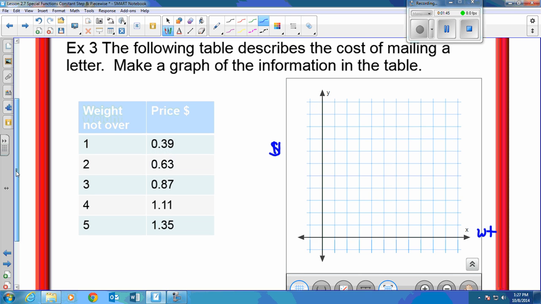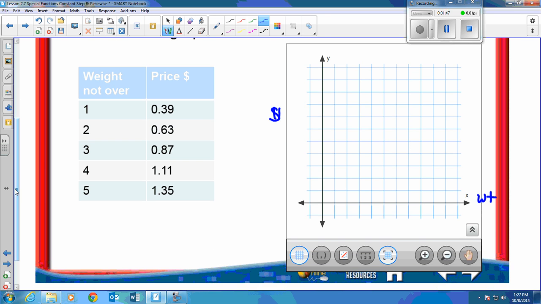Now, my graph, I want you to be able to read it from where you're sitting. So I'm going to kind of go out here and go maybe 1, 2, maybe I'll go by 2s. So here's 1, 2, 3, 4, 5. I'm just trying to enlarge it a little so you can see it. Now my y-axis is money. I have to get to $1.35.